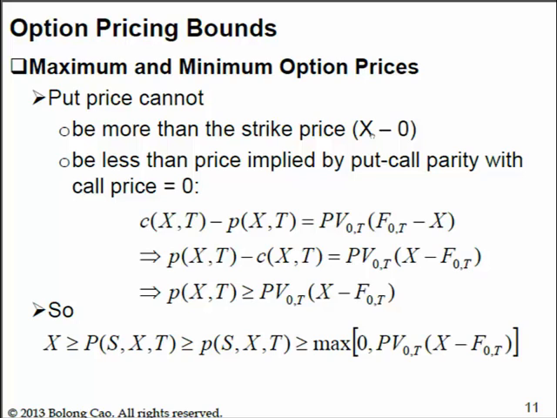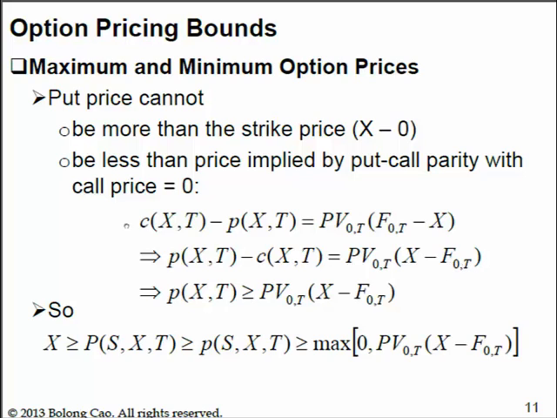And then the put price cannot be less than the price implied by the put call parity with call price equal to 0. So we can flip the put call parity, saying put minus the call premium equals the present value between the strike price and the forward price.